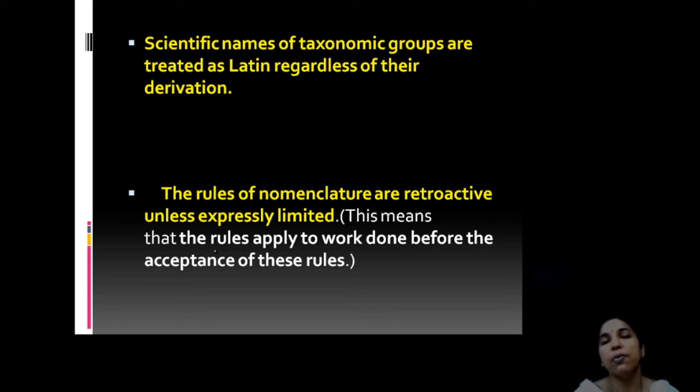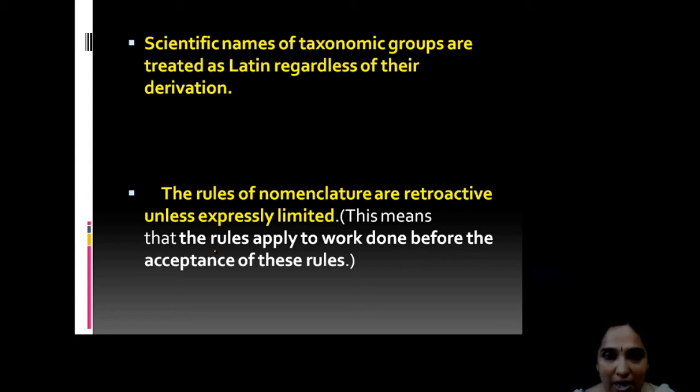If a rule is published this year, plants already described earlier are also included, and the same rule applies to them. So it is retroactive unless expressly limited.